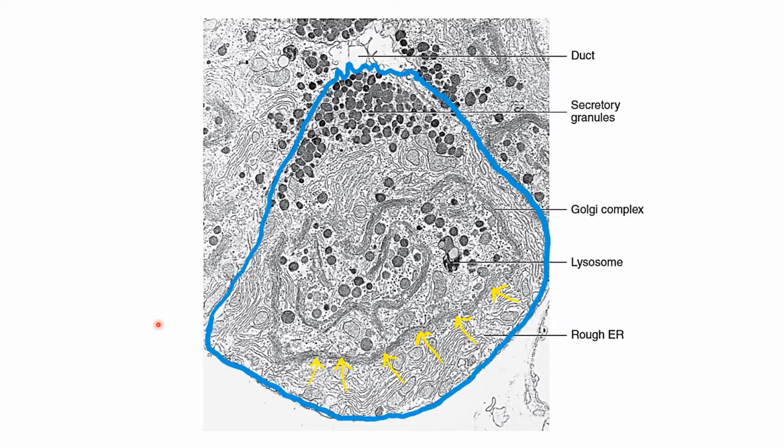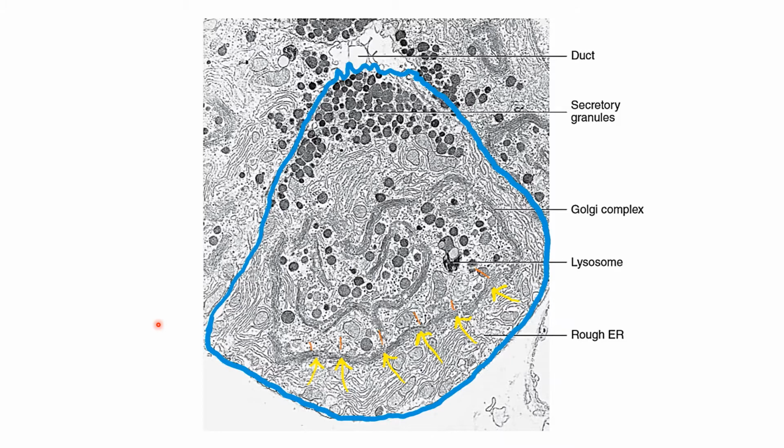They will be sent to the Golgi complex, which will then be packing them, ready for their travel to the duct. Not only will the protein hormones be packaged, but also modified.